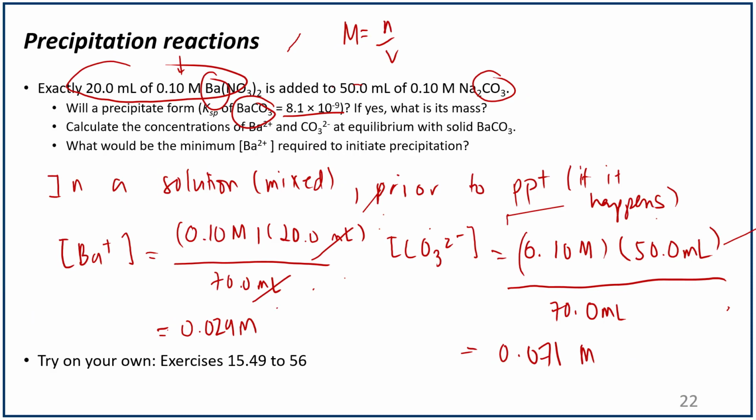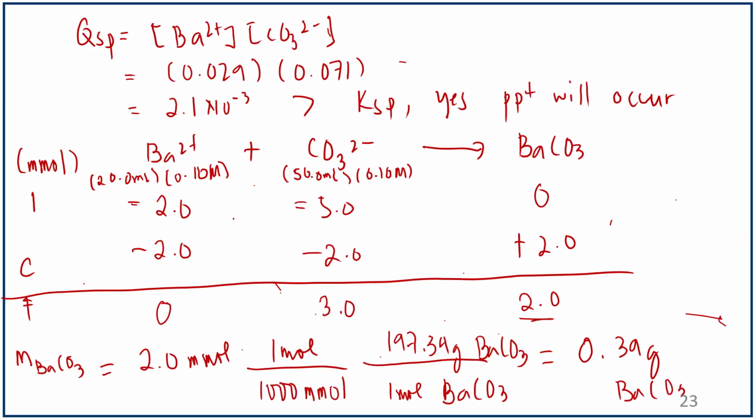Okay, the next question is calculate the concentrations of barium and carbonate at equilibrium with a solid carbonate. Remember when I said that there will be some ramifications as to the presence of this carbonate.